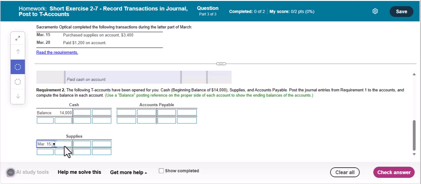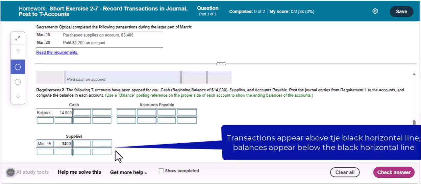It's going to go in the same place on the T account, on the debit side, the left side. And what this black horizontal line across here means is that we're going to be calculating the balance. So we put the balance below the transaction. That's going to be a balance of 3,400 on the left side here for the supplies.